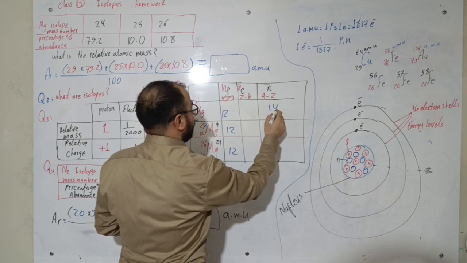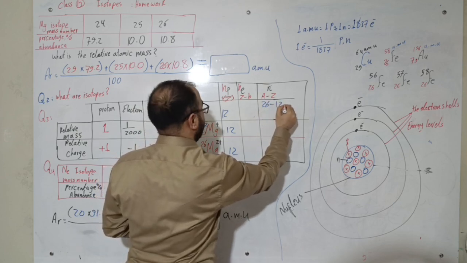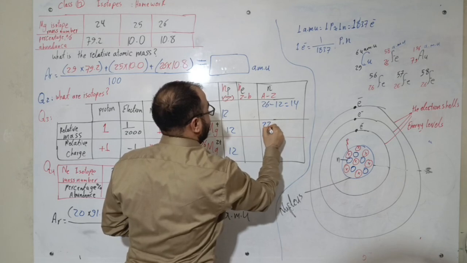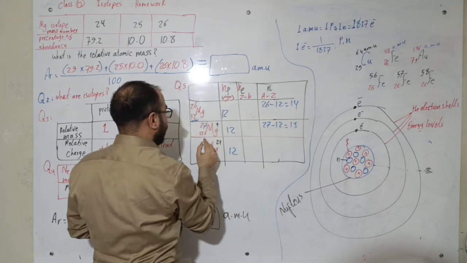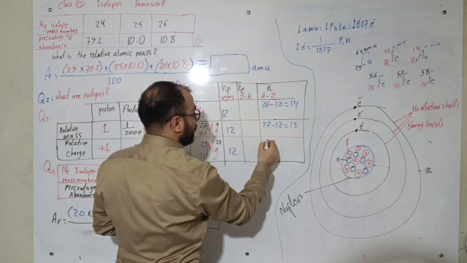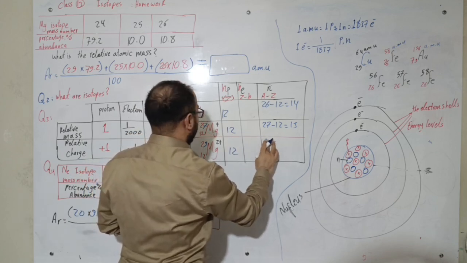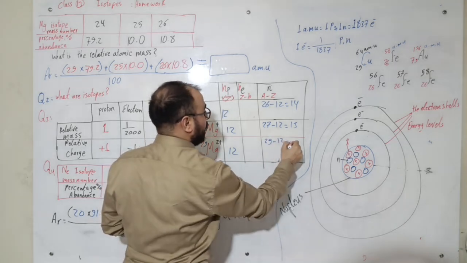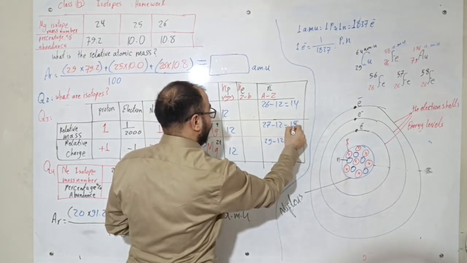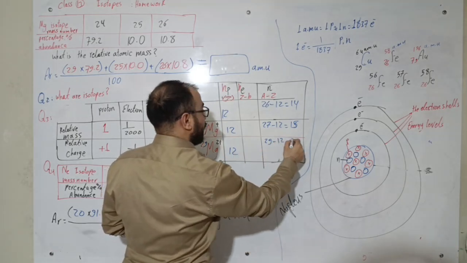So here it is going to be 26 minus 12, 14, 27 minus 12, 15. And let's write here 29, for example. So 29 minus 12, which is here 15, and here 17.